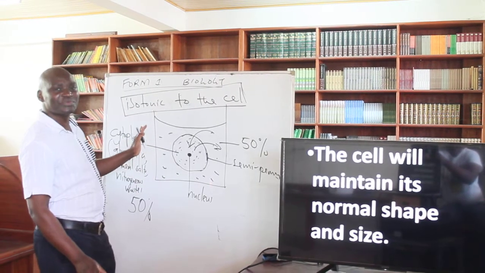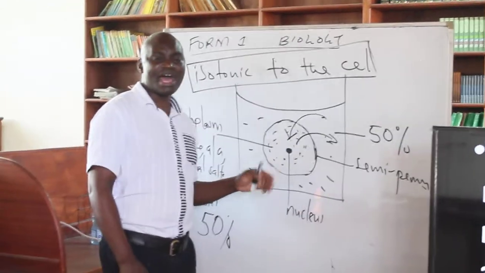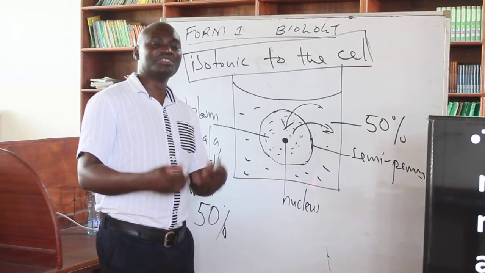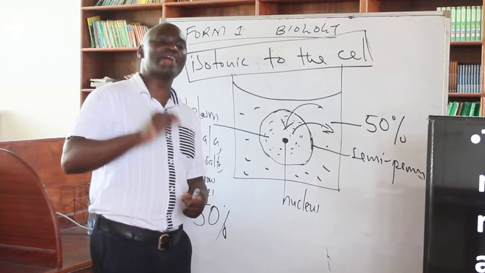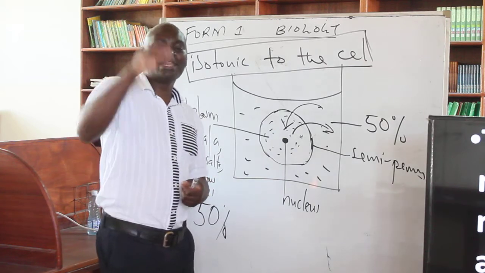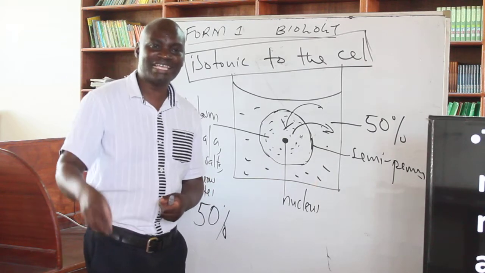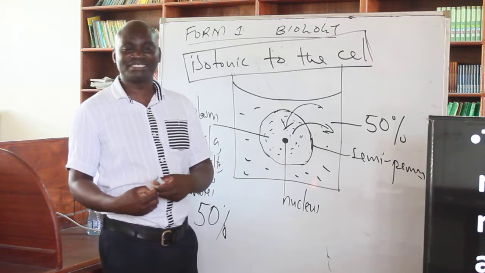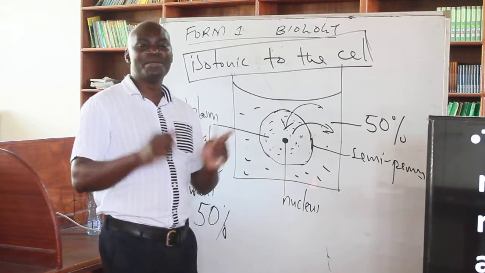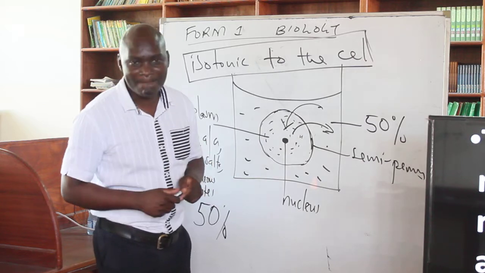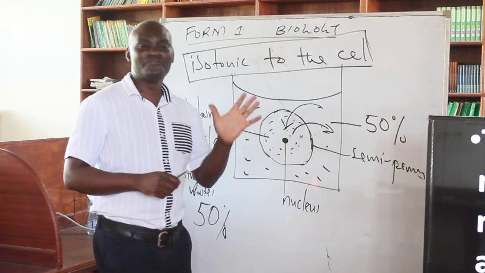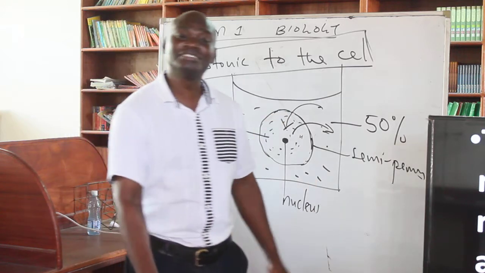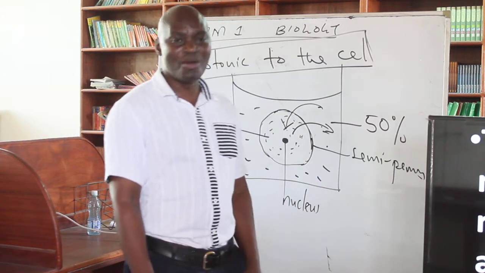So one thing that we have learned from here is that an isotonic solution is a solution whose concentration is the same as that of the cell. So when the cell is placed in such a solution, the movement of water out and into the cell across the cell membrane will be the same. The cell will finally remain normal, and the size will also remain normal.